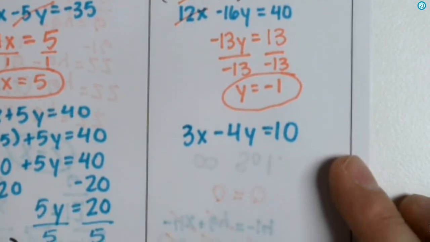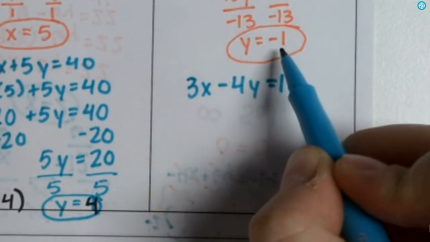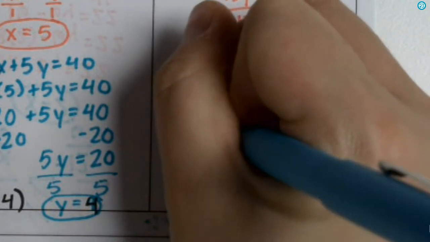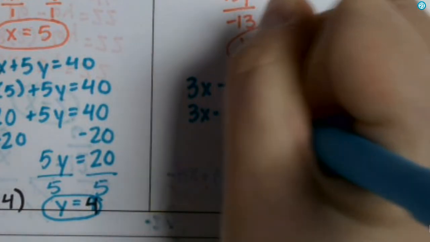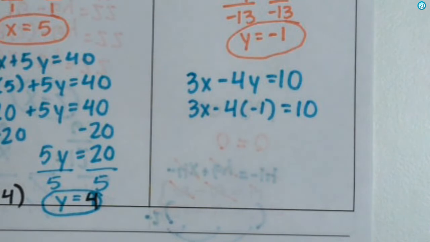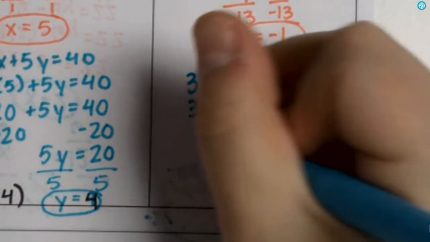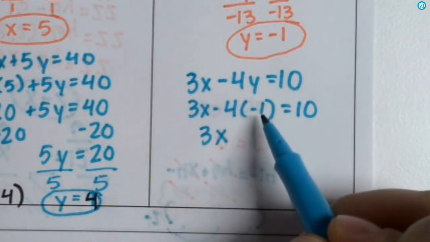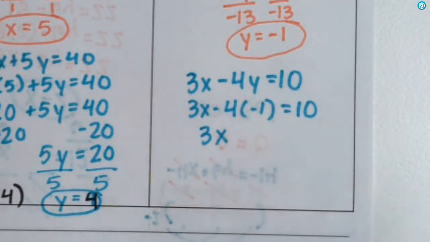I can move my paper. Y equals negative 1. That's getting plugged in right here for y. So it's going to be 3x minus 4 times negative 1 equals 10. Still have this 3x. Negative 4 times negative 1. Negative times negative is positive.